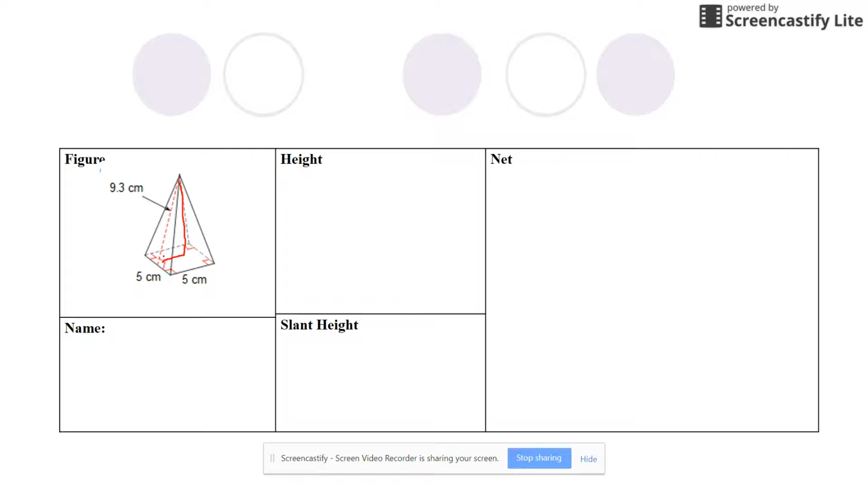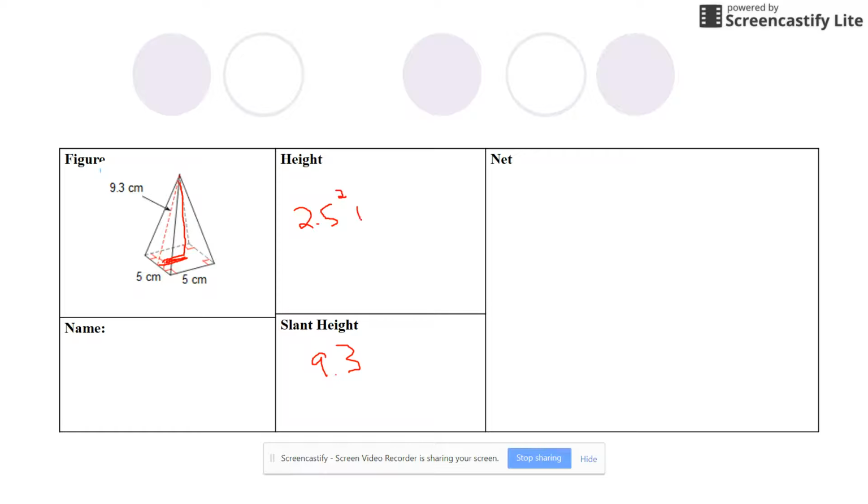We don't have this height, but we can do a little Pythagorean theorem action to figure that out. I have this little right triangle here, and this side is 2.5. It's halfway across. So 2.5 squared plus the height squared equals 9.3 squared.